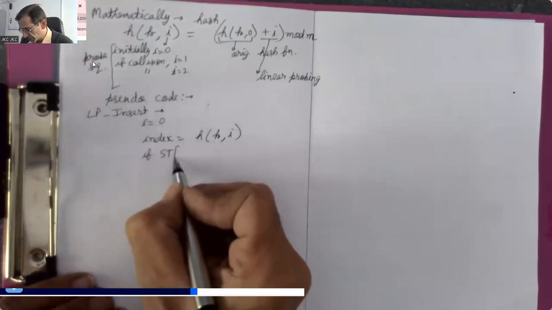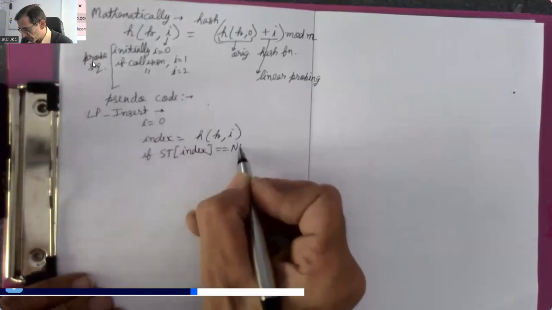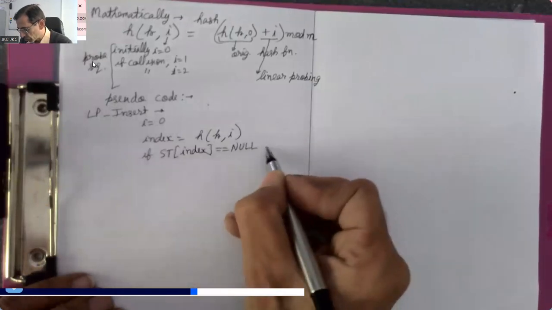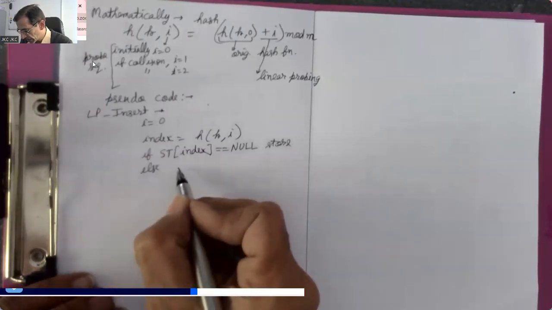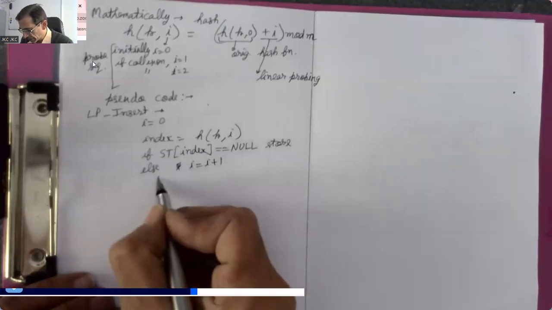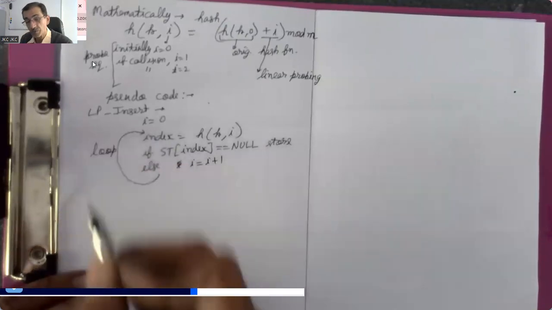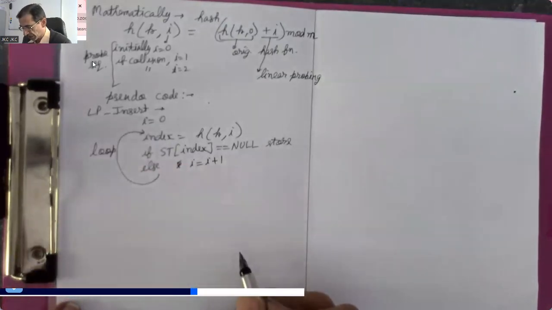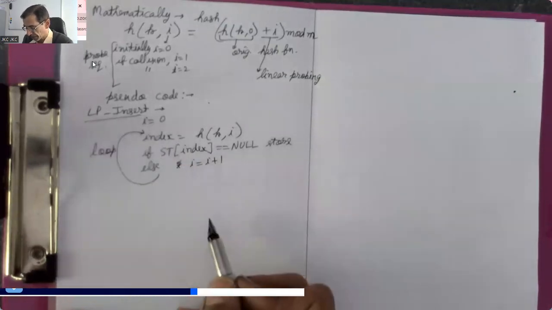If the location is free, I will store the corresponding record there, else I will increment i. Incrementing i will automatically mean the hash is recalculated, and every time doing it like this. So more or less the same thing, just mathematically written in a different manner.